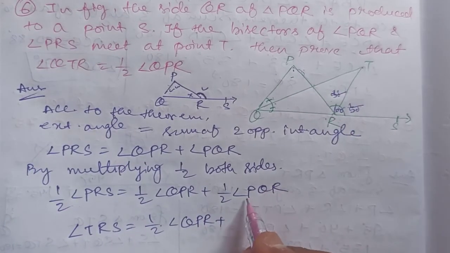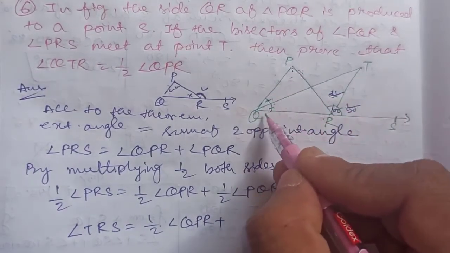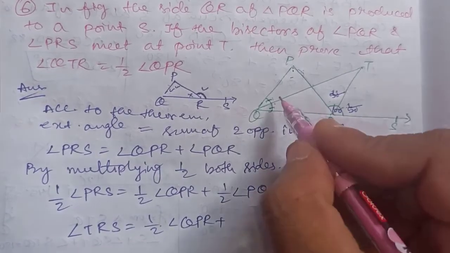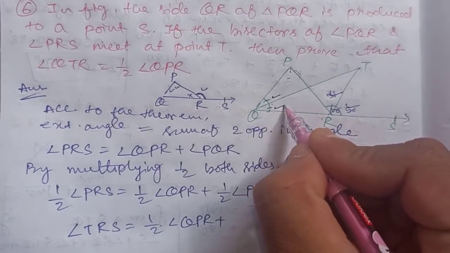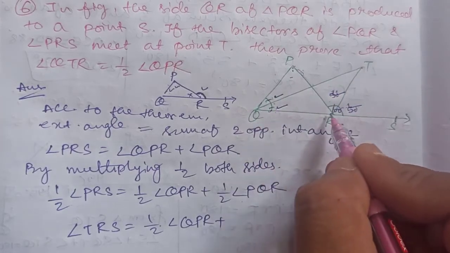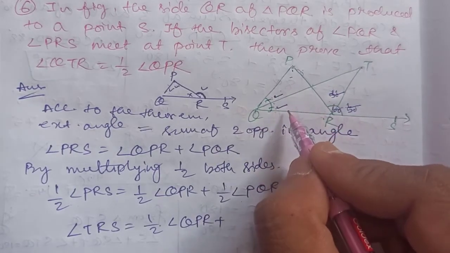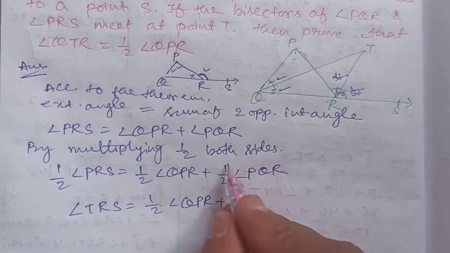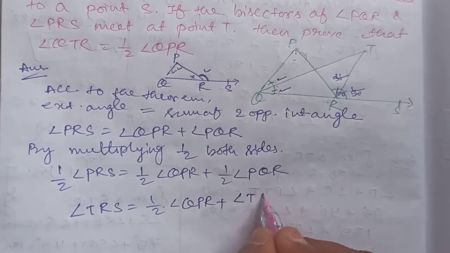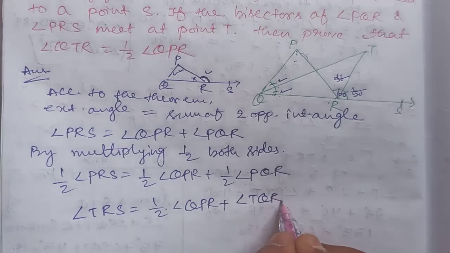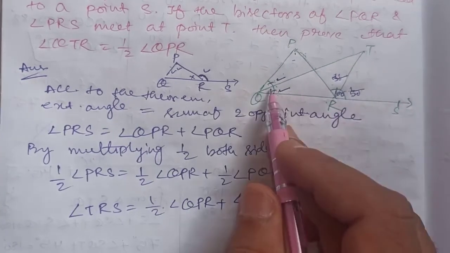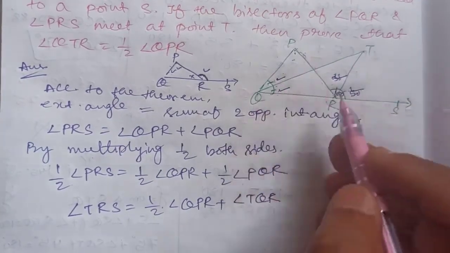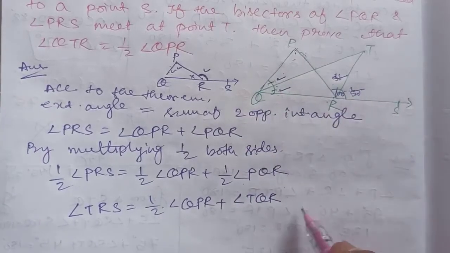But for PQR, which is the full angle, we need half, so either we write this or this. I will take this part. So in place of half of PQR, I will write angle TQR. Either you can write TQP, but why I am writing this, I will explain.